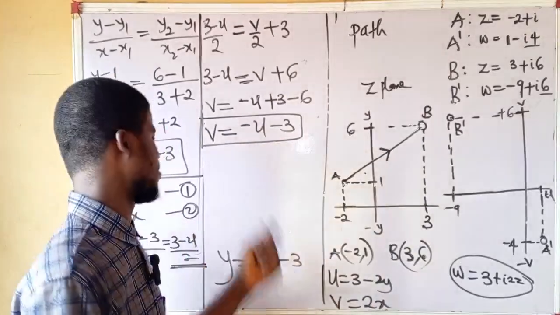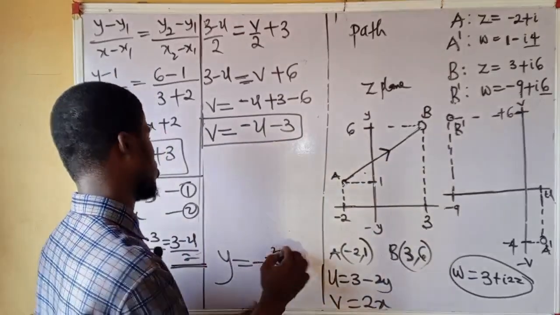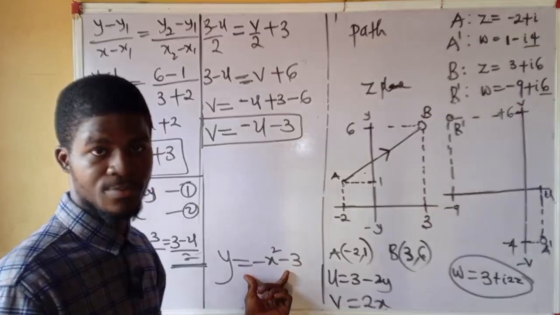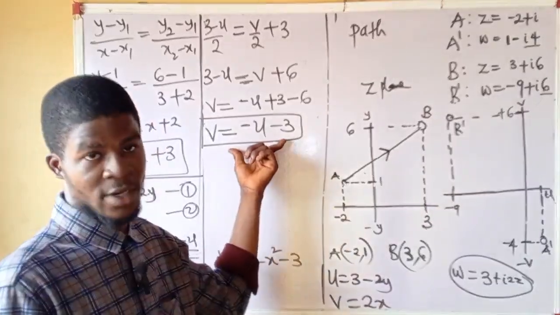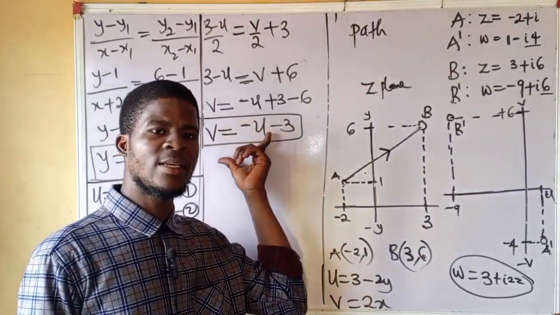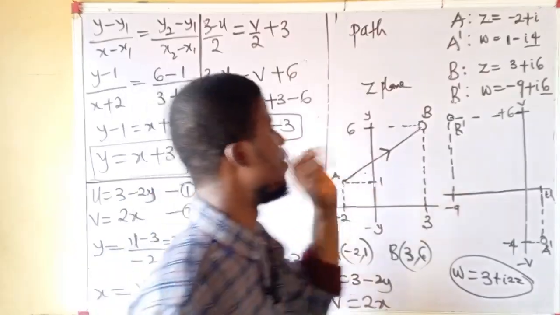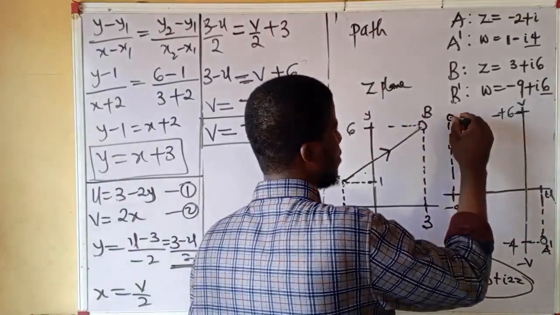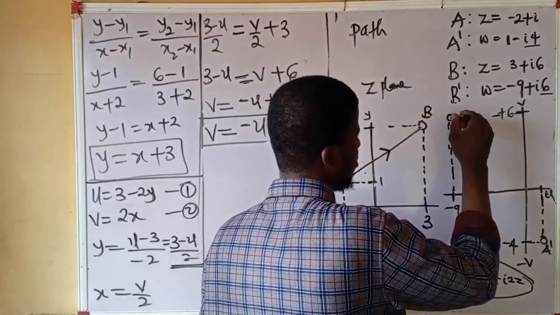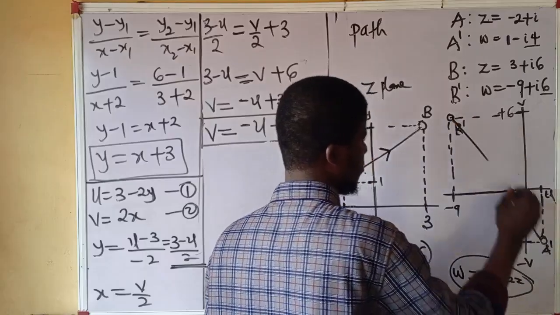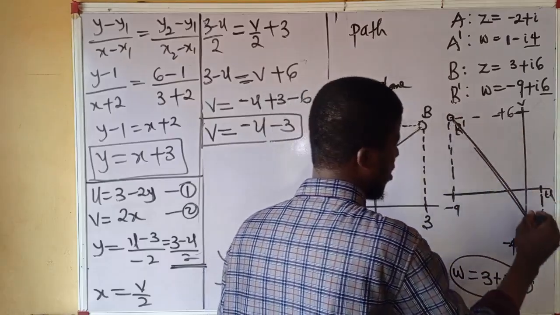Something different from y equal to minus x squared minus 3, for example. This is actually a curve, and this is what? A straight line. We have seen that this equation is the equation of a straight line. Therefore, the path followed or traveled by the image is also a straight line. So I can connect these two points now, A prime and B prime, with a straight line.